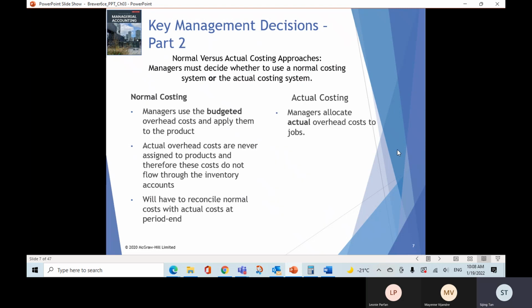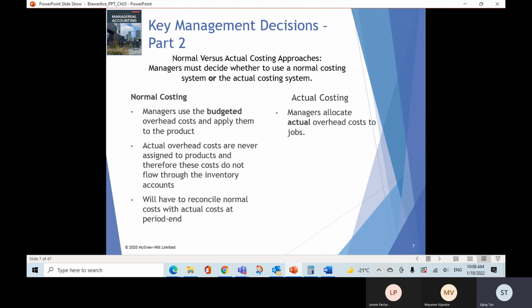Now, normal costing and actual costing. If managers allocate actual manufacturing overhead cost to the products, they're said to be using the actual costing system. If managers use the budgeted manufacturing overhead cost and apply it to the products, they're said to be using a normal costing system.